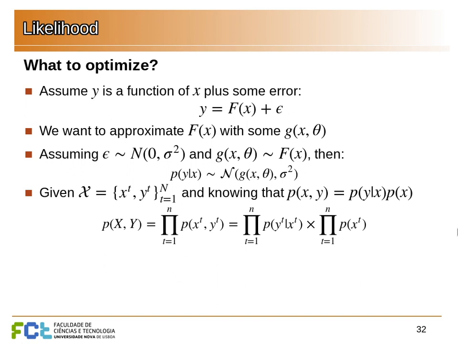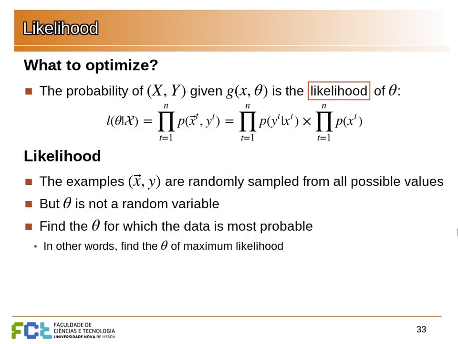So from this, we can compute the probability of the data as a function of our parameters. Given some parameters, we estimate the probability of the data. And now we have the maximum likelihood approach, which is we're going to adjust our parameters so that the probability of the data coming up as it is be as high as possible.